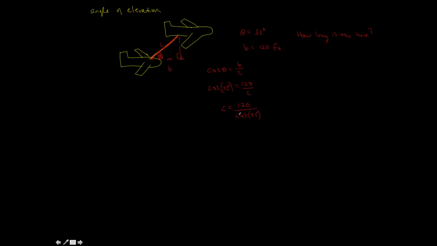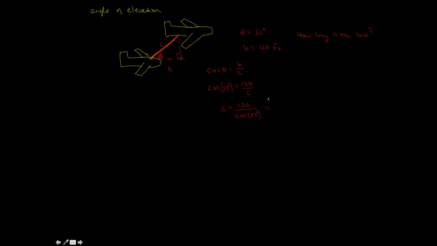Now, this book is kind of weird about this. They don't tell you in the problem that they want it to two significant digits, but what they say is, if the angle is to the nearest degree, like it is here, you should be rounding to two significant digits. It's on page 28 at the bottom. There's a table that tells you how many significant digits you should round on a side based on your angle. It's kind of weird.